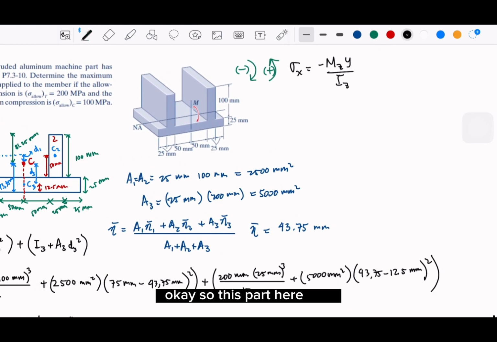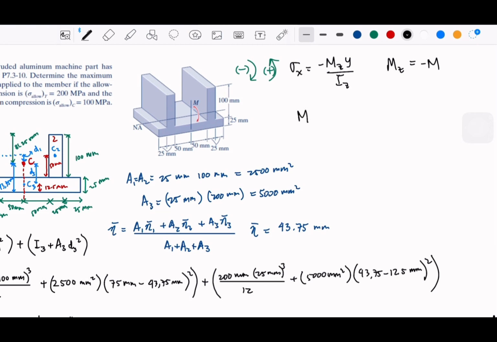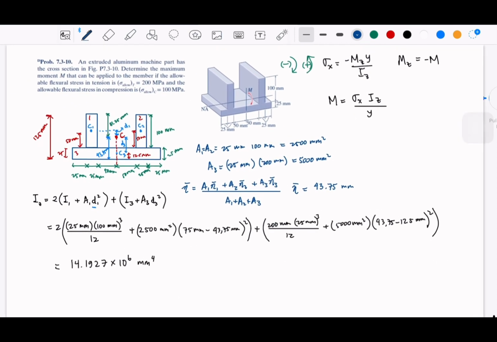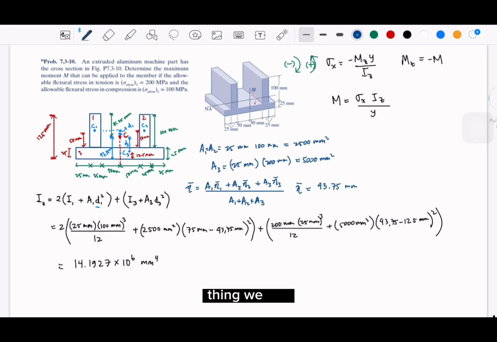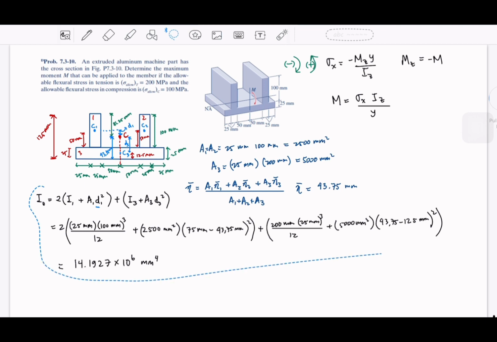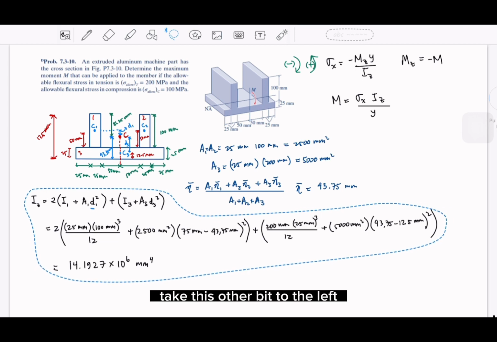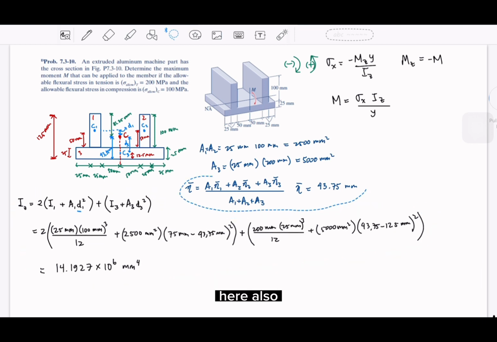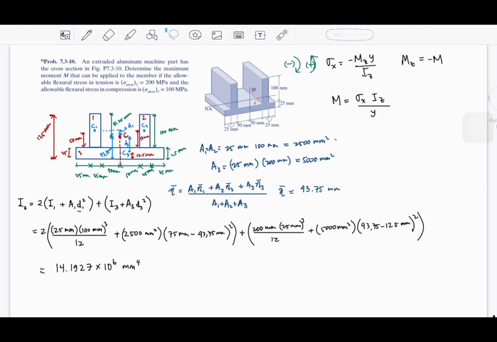So this part here, the M will be negative M. So M, we are going to take that and divide by Y. First we can take this a little bit to the left. Here also going to the left.